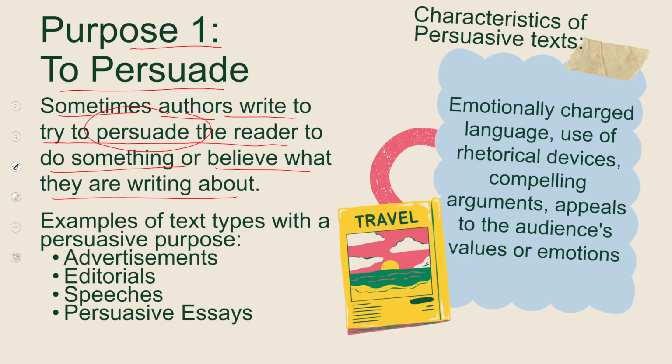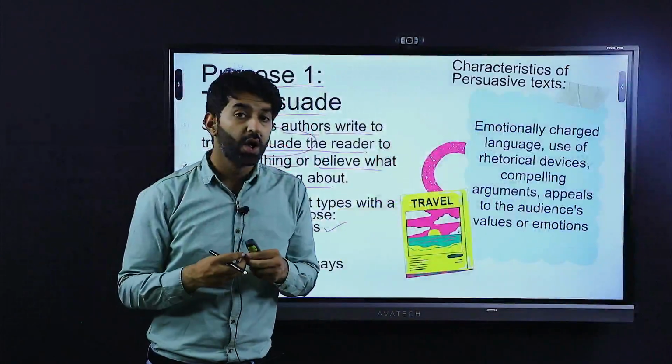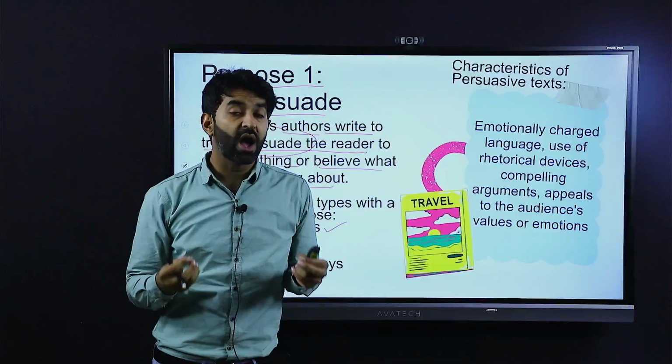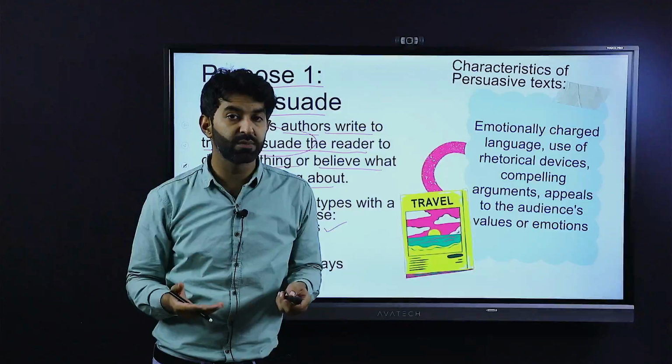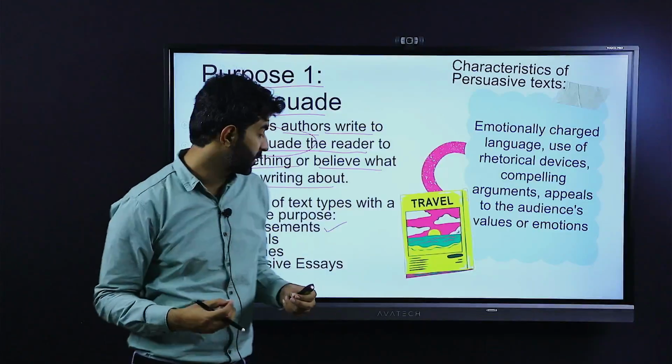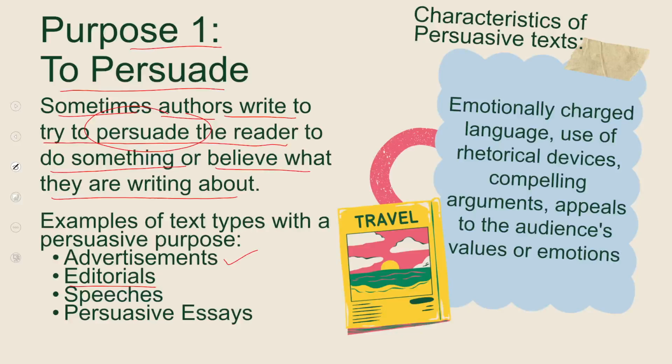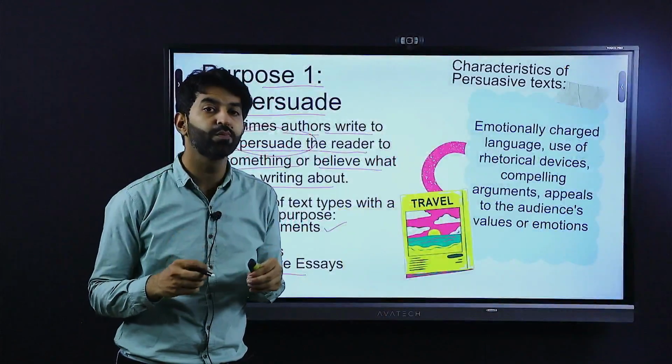For example, all these advertisements that you see, the scripts that you see on television, on social media, print media, those advertisements are basically for the purpose of persuading you into buying something or into believing something. Editorials, speeches, persuasive essays, all these are examples of texts that are written to persuade you.